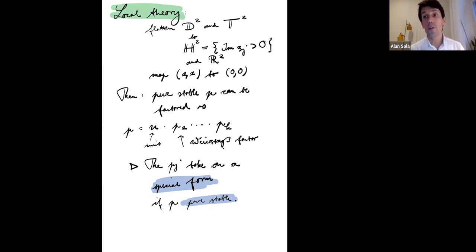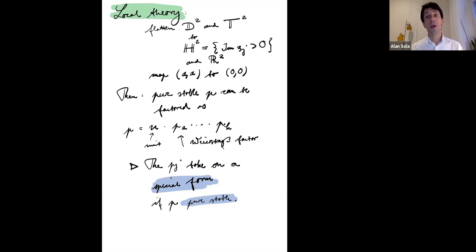So let's look at the polynomial P. This polynomial can be factored into a unit times k Weierstrass factors. Each one of these P1, P2, and so on and so forth are Weierstrass polynomials. So they're polynomials in one of the variables, let's say z2, with coefficients that are analytic functions of the other variable.